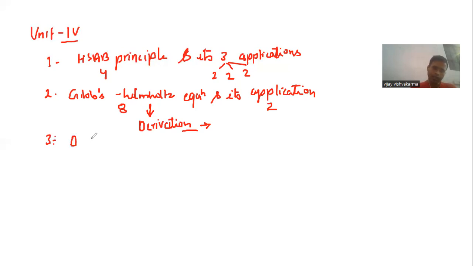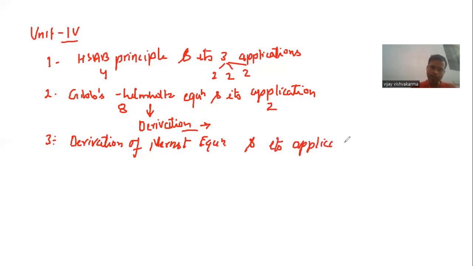Now the third question, derivation of the Nernst equation and its application. As in the syllabus, there are three applications: pH, quinhydrone electrode, and potential.